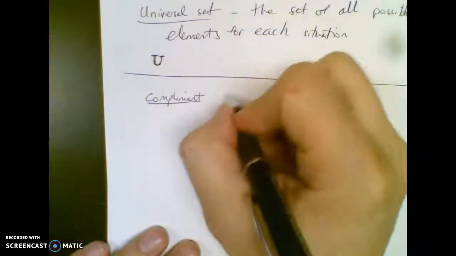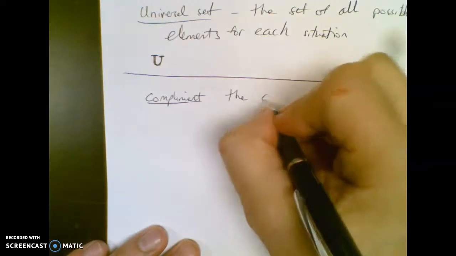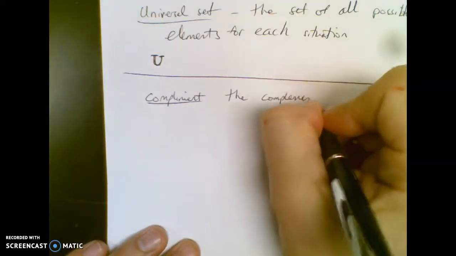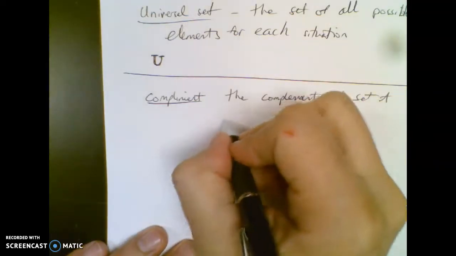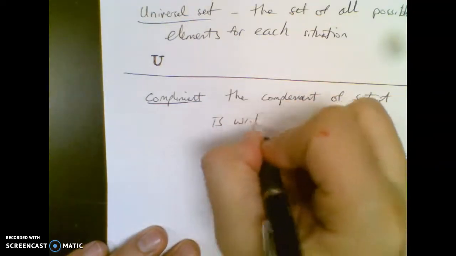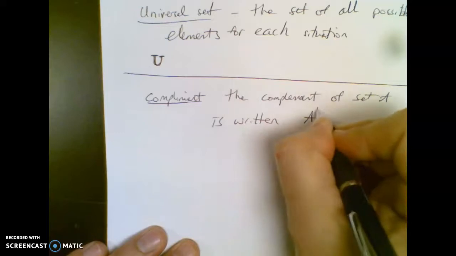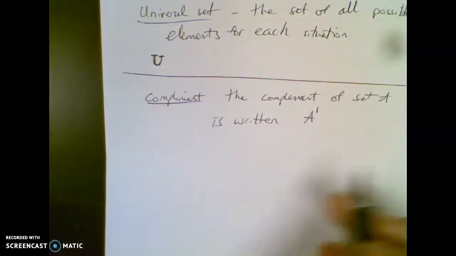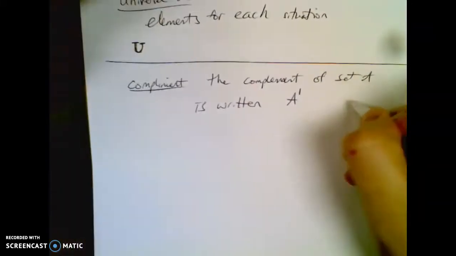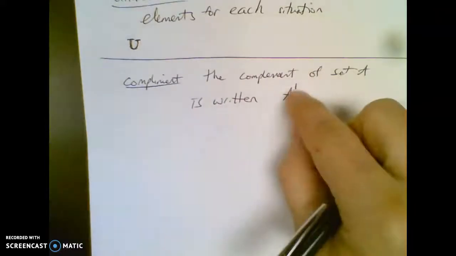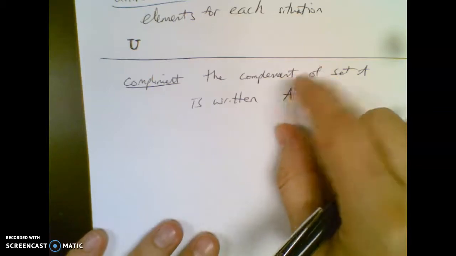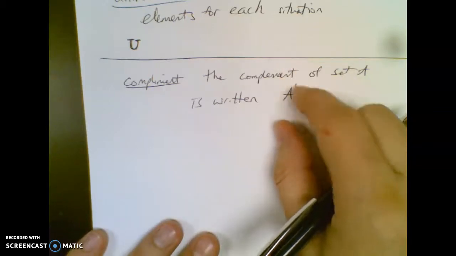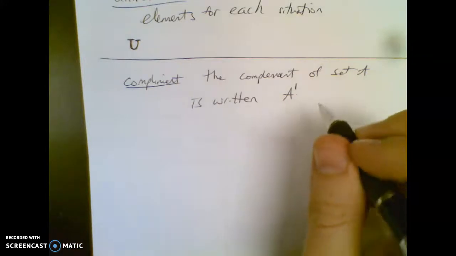Okay, the complement, you've already done this in logic, of set A is written as A with this prime here. In logic, we would put the little not symbol in front of it. This doesn't mean take the derivative. It's just a little apostrophe up there. It means not.